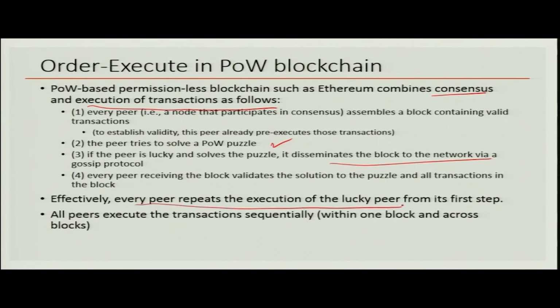Every peer repeats the execution of the lucky peer from its first step, and that means that we are doing this execution again and again in all the nodes in the system, although it is happening concurrently, within each node the execution of transactions is happening in a sequential manner.